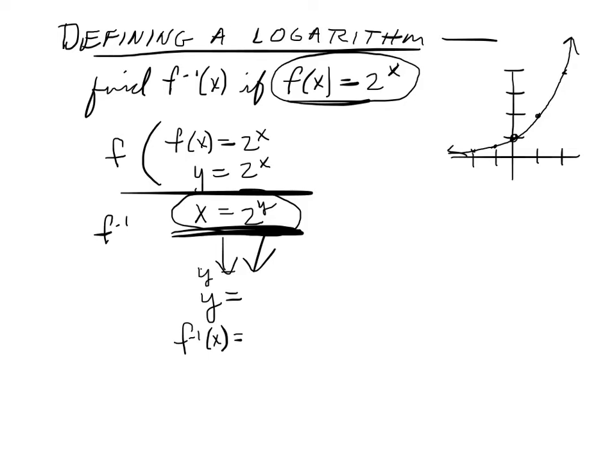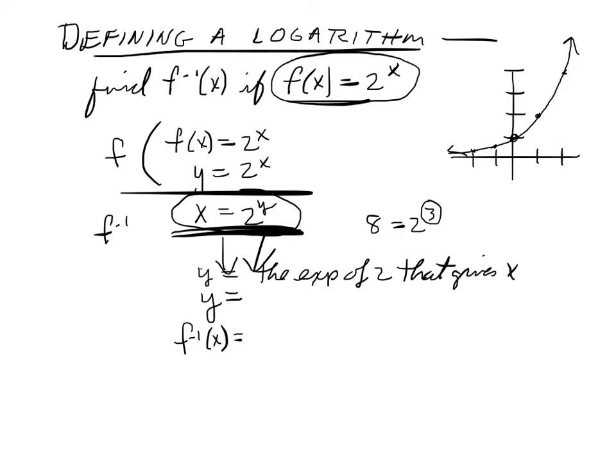We have to understand that y is equal to the exponent of 2 that gives x as a value. Okay? So like if x is 8, 8 is 2 to the third, so we're saying y is 3.